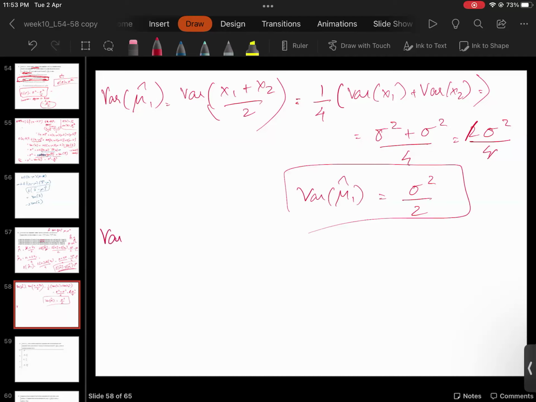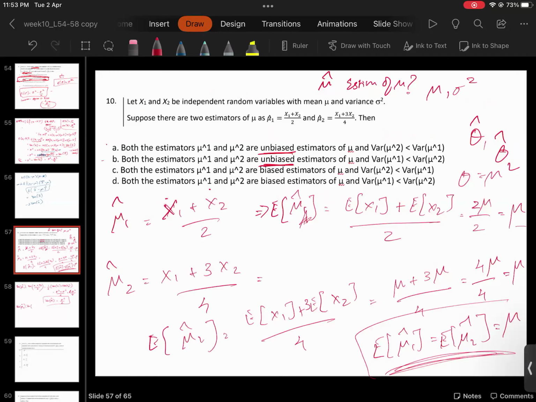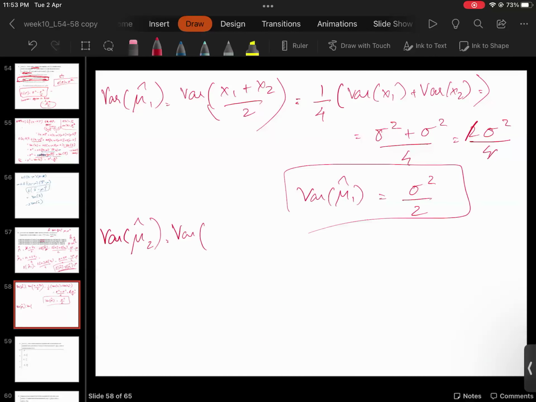Now similarly calculate variance of mu2 hat. That was (x1 plus 3x2) by 4. When you bring this out, it will become 1 by 16, variance of x1 plus 3 into variance of x2. So this will give you 1 by 16 into (sigma square plus 3 sigma square).